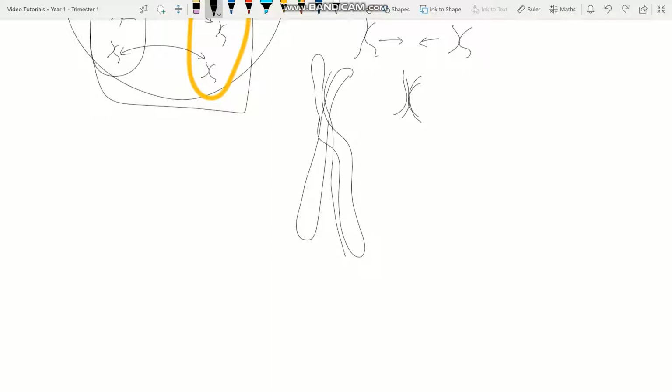So if we have our tetrad here, say for example, I'll condense it down to just maybe this arm of the chromosome on, let's say, the father, and let's have this arm of the chromosome of the mother, just to make it simple.